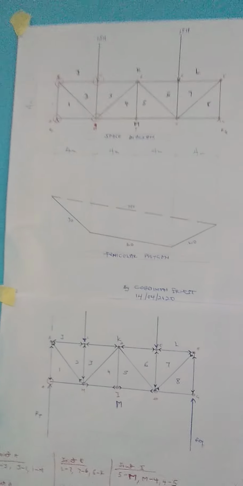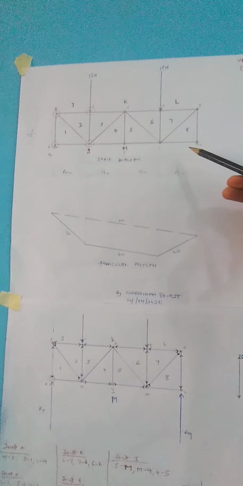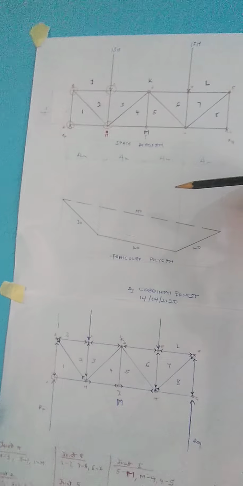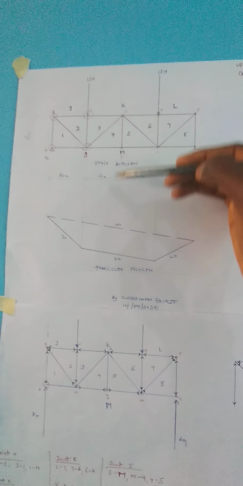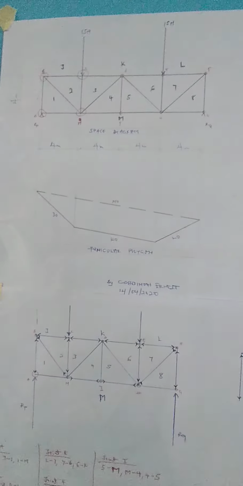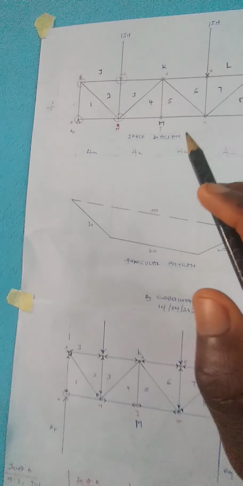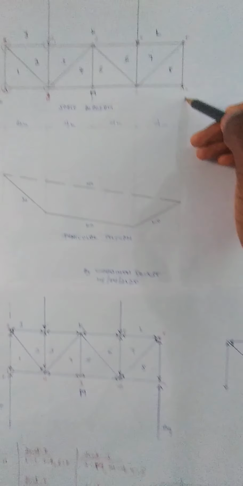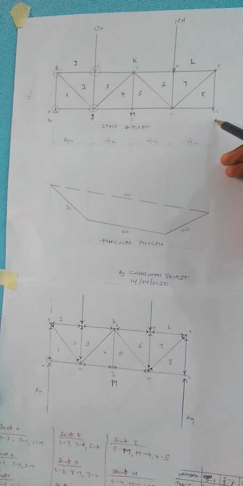Now let me give you one clue in solving some of these questions. When you look at the truss, you can see that it's symmetrical, meaning when it is divided into two equal halves, what is here is the same as what is here. As soon as that happens, you should get a clue or the understanding that the reactions at the various ends, if it's a simply supported beam, will be the same.